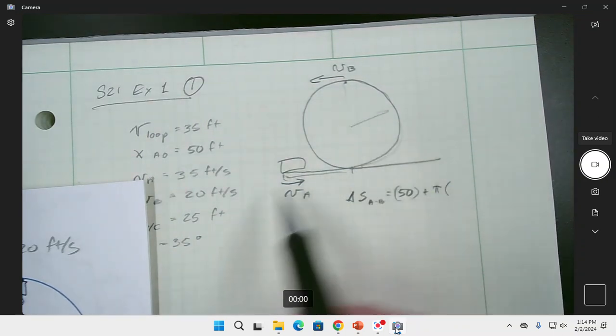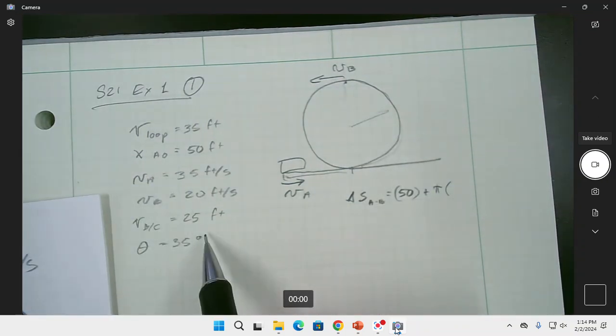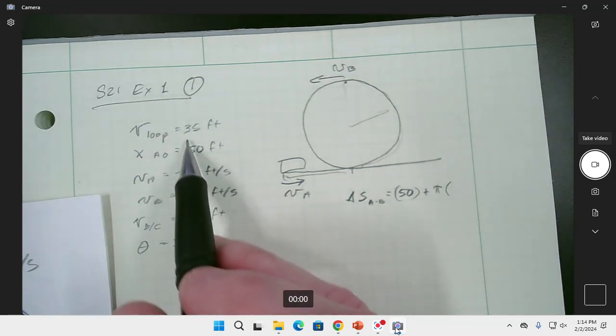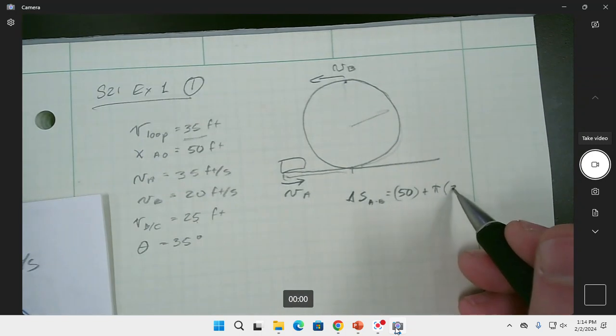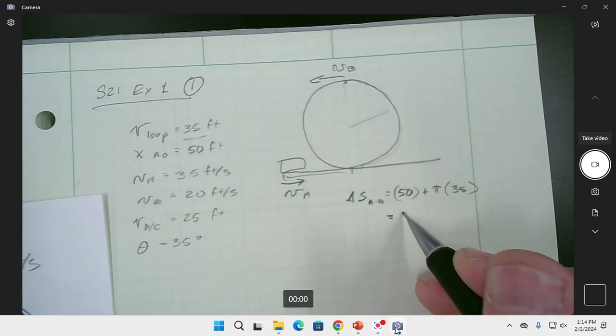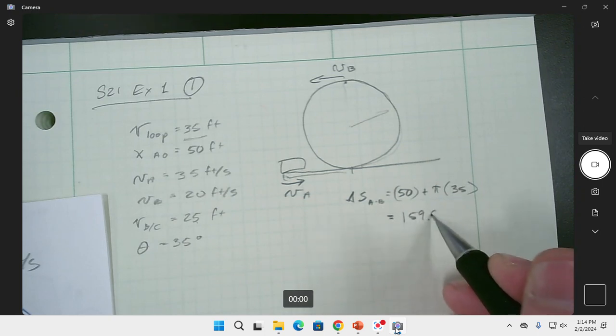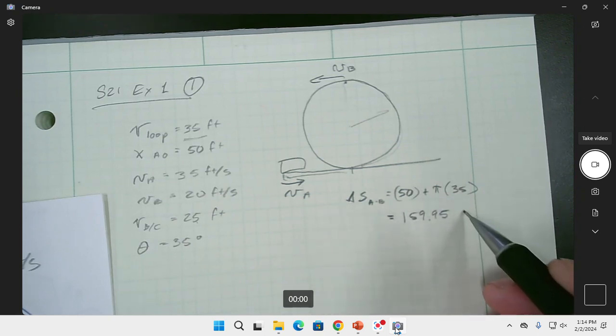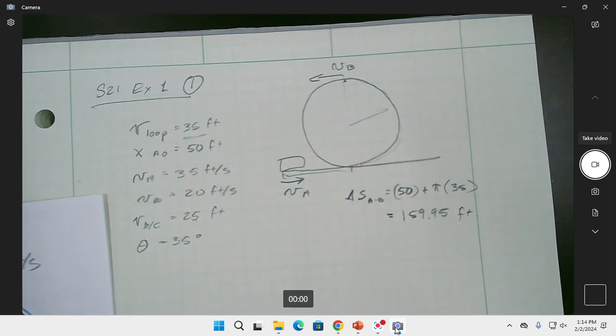So that radius we said was 25 feet. What did it say? 35? No, it was 35 feet right here. So we could find that it's going to be 159.95. I think you can go 160 probably at that point, right?